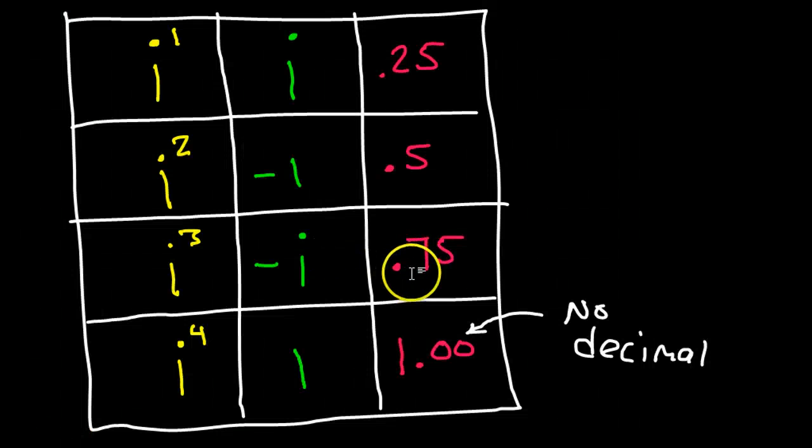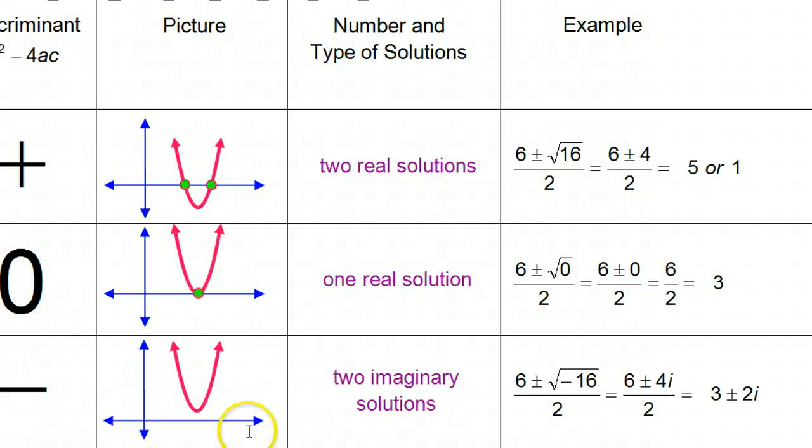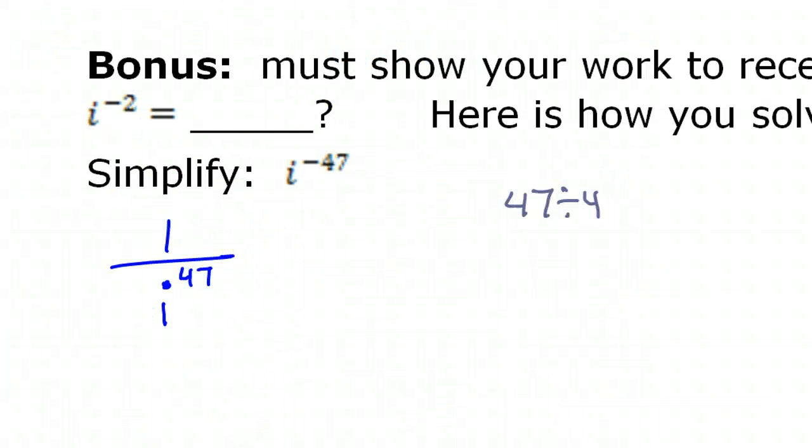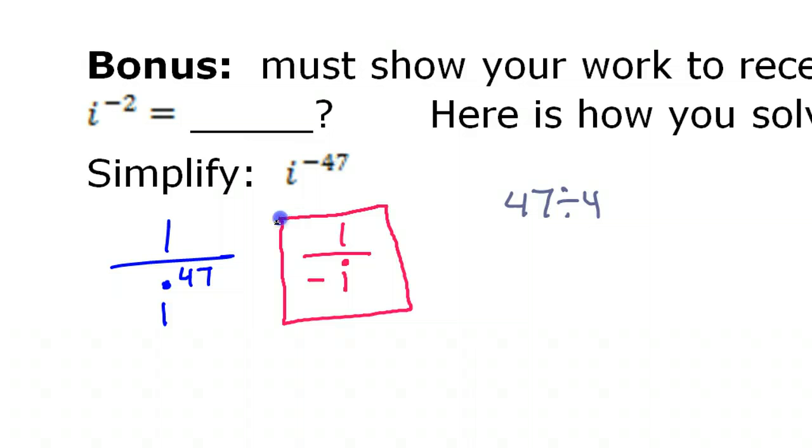Looking back at our chart, the 0.75 goes with negative i. So that means this is going to just become 1 over negative i. And that's as far as we can go. 1 over negative i. That's it.